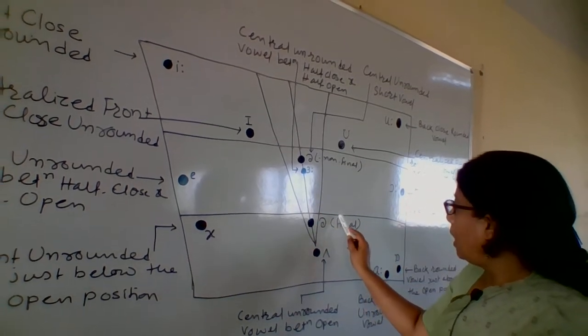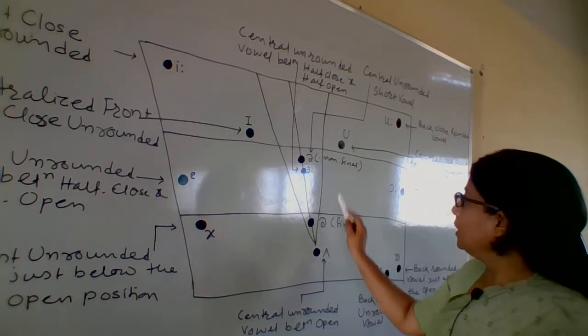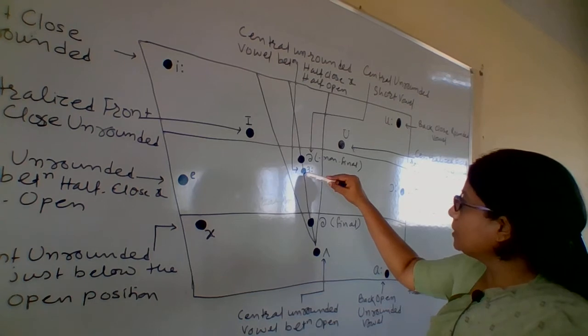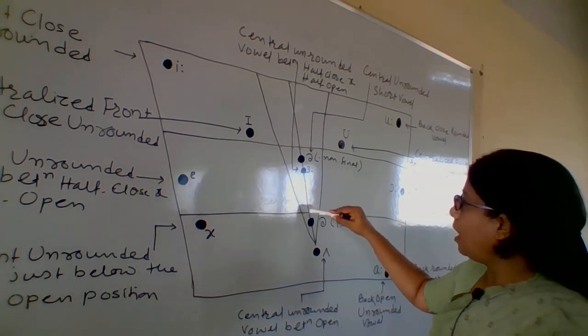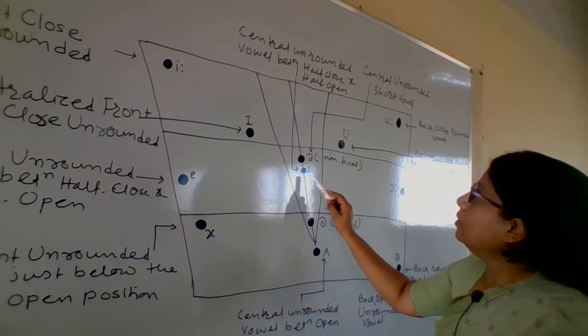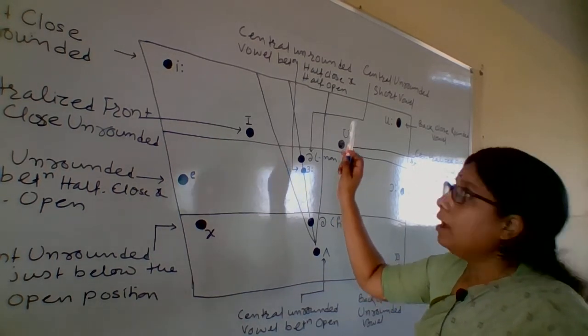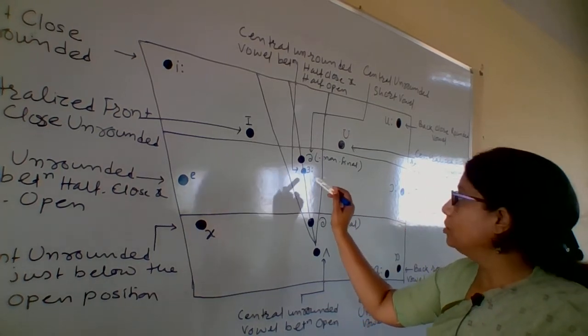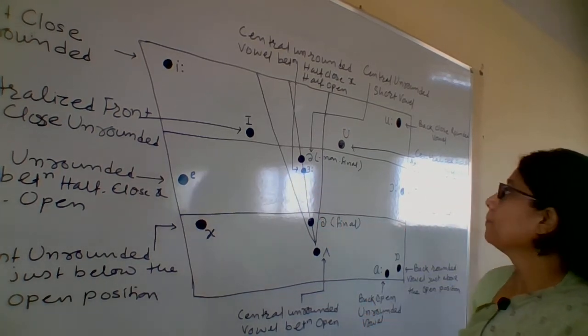This is the half open position and this is the half closed position, and it is produced here. So, long A is known as a central unrounded vowel between half open and half closed positions.